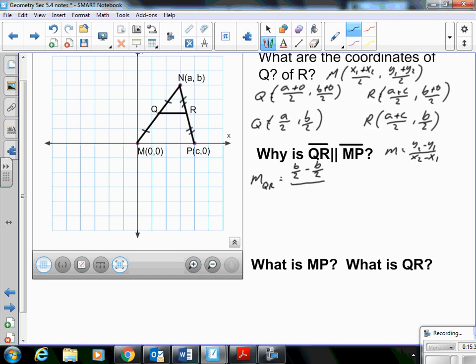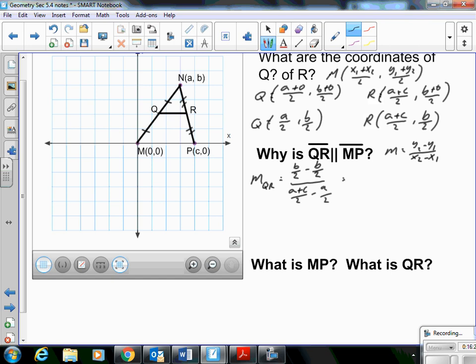And then for the x's at the bottom, it's a plus c over 2 minus a over 2.